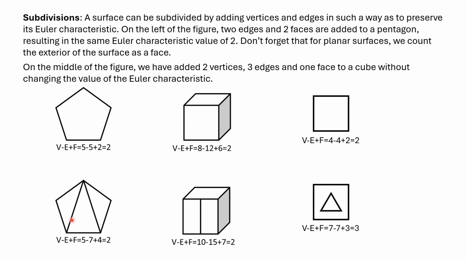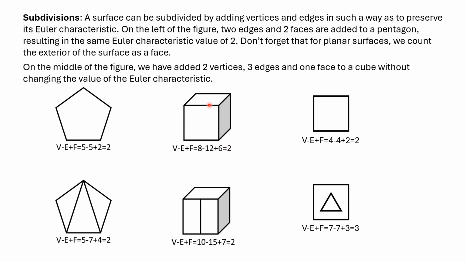The number of vertices is the same, but we've added 2 edges, so that goes from 5 to 7. And then this was 1 face, and now it's 3. And then, of course, we have to add the exterior as a face. That's the rule for planar objects. And so we get 2 again.